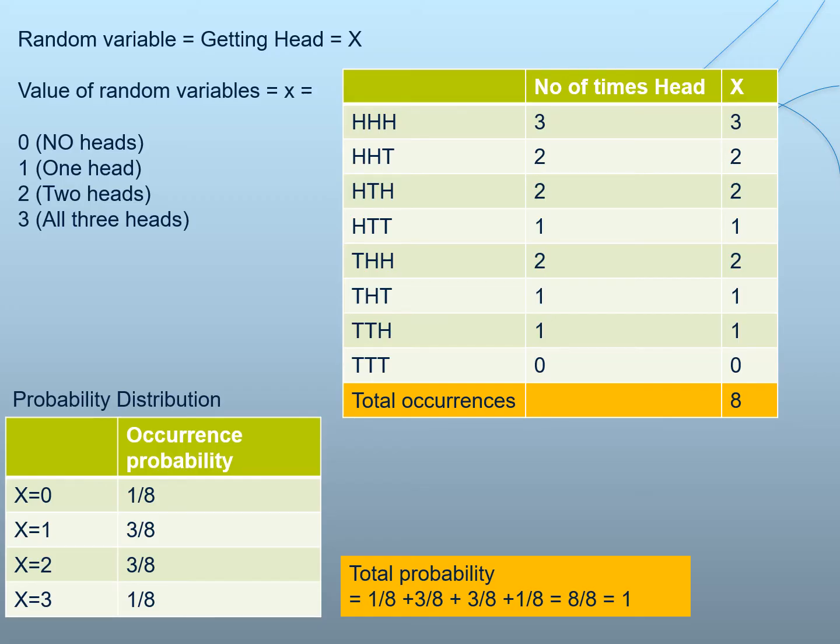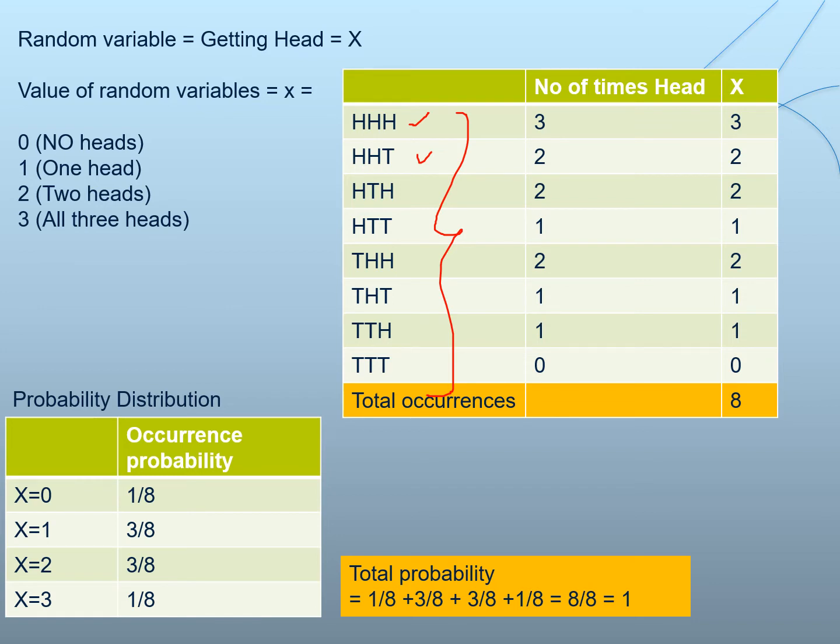Now, if you tabulate that outcome here, so three heads, head, tail, and so on. So what you get, this is the outcome. Now, first we define our random variables. What are our objectives? What are we looking for? We may be looking for getting head.